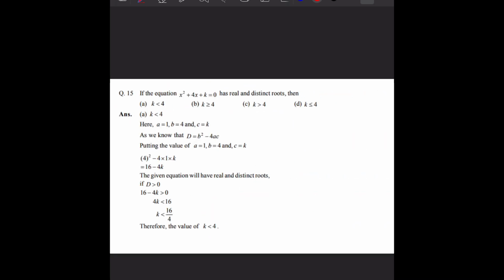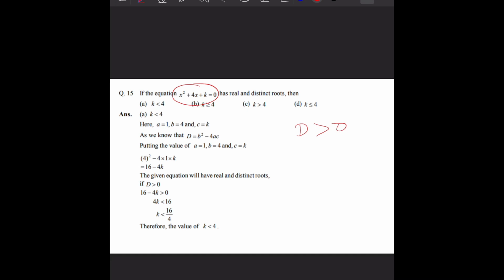Question number 15. If the equation x square plus 4x plus k equals to 0 has real and distinct roots, the discriminant should be greater than 0. What is discriminant? Discriminant is b square minus 4ac. How do we find out a, b, c here?